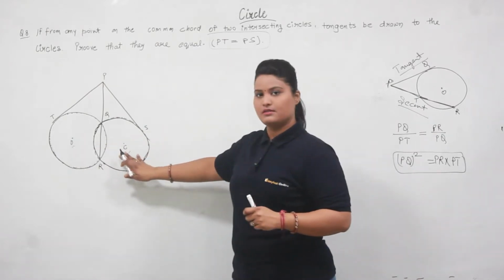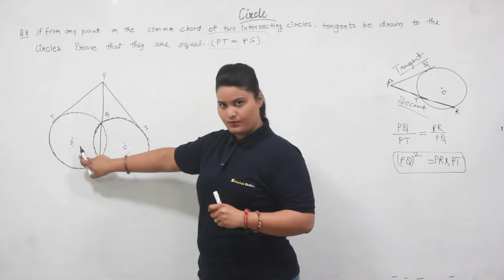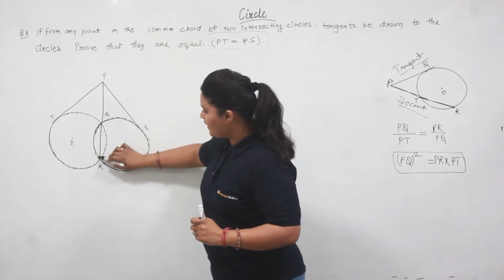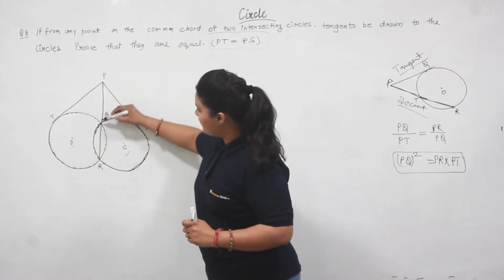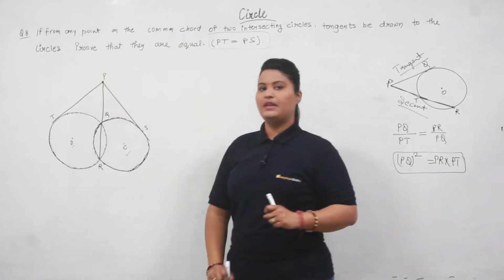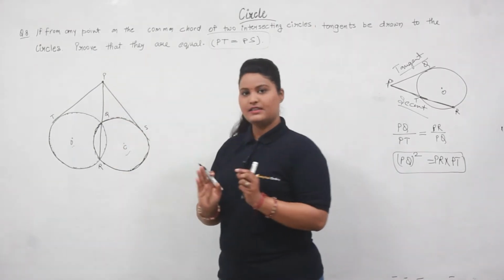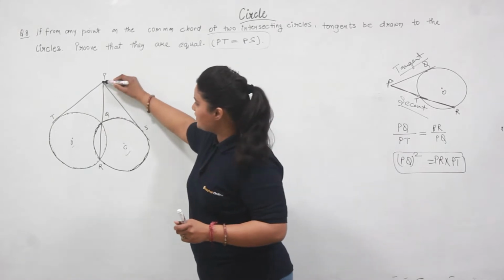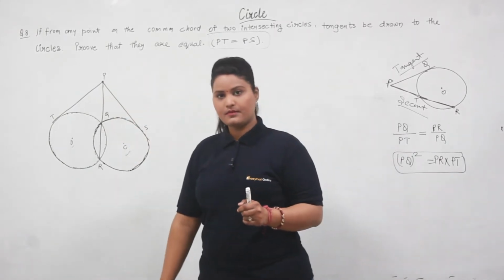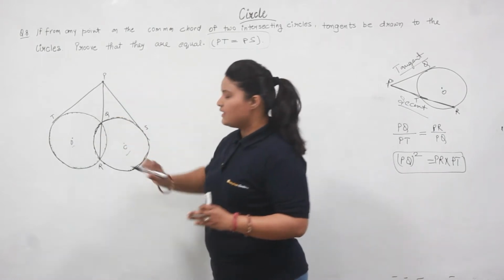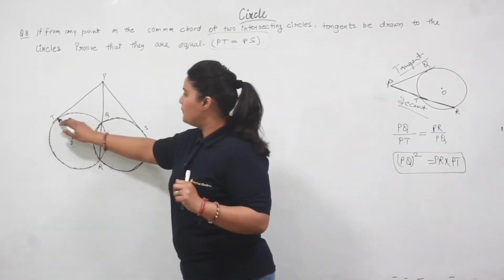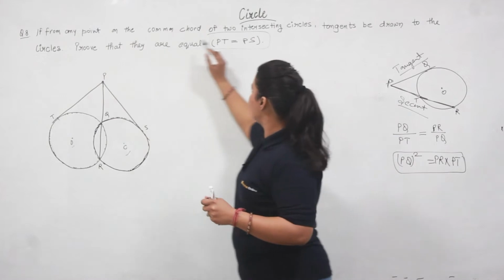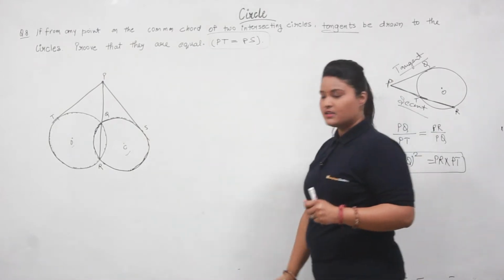Here we have two circles, one with center O and the other with center C. There is a common chord RQ which is extended to point P. Now it becomes a secant, it is no more a chord, because it has passed the circle and is touching the outside point P. So RP is a secant, and PT and PS are tangents, as given in the question. So what can we do?